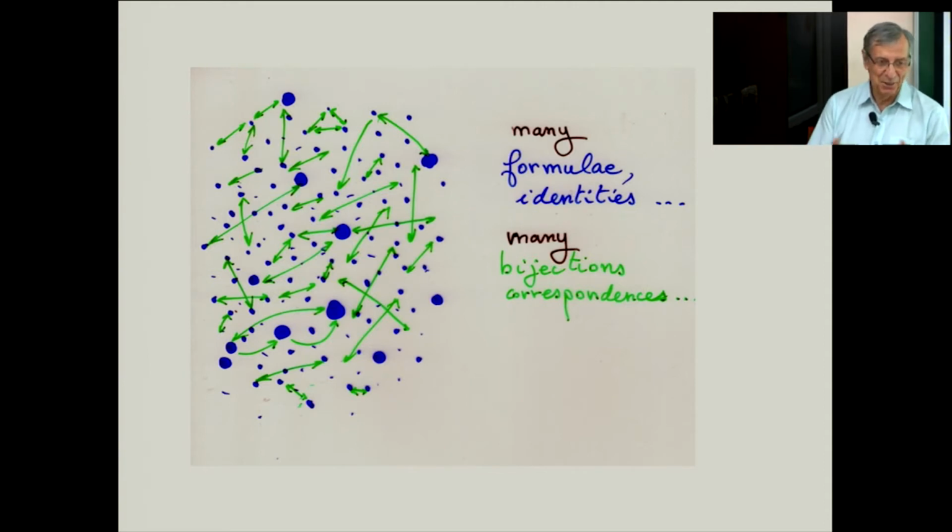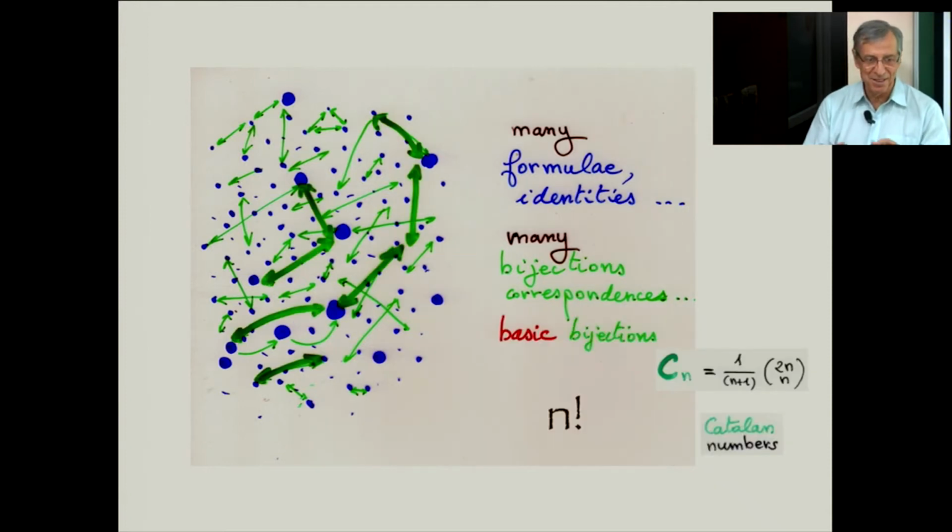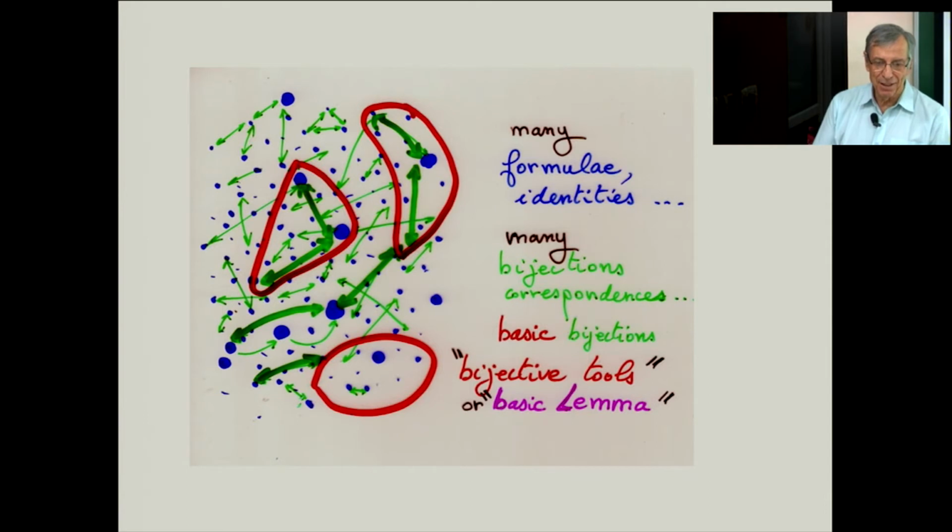In this class, in the bijective combinatorics course, I try to put some framework, some unification, to see what the main identities are. I try to do this in the first part of the class around the n factorial garden, all bijections related to permutations, and the Catalan garden, all bijections related to Catalan numbers. And then among all this, some fundamental lemmas, or what I call bijective tools, emerge from this jungle of identities and bijections.